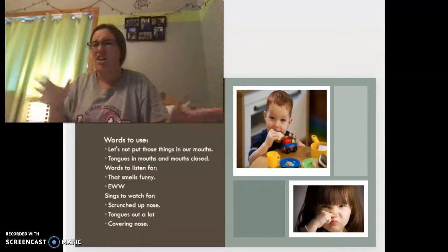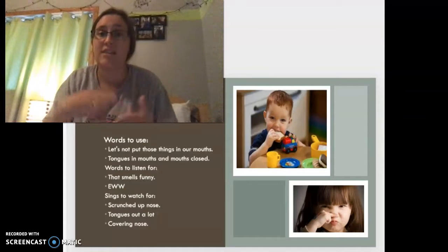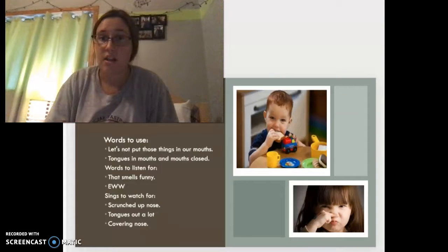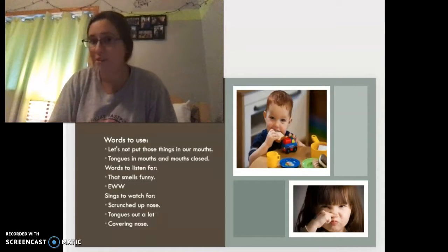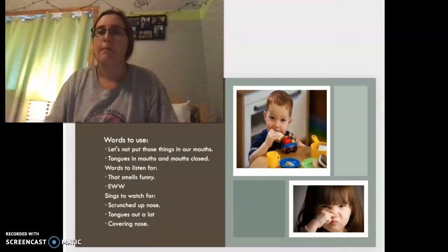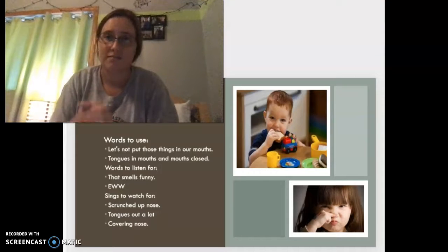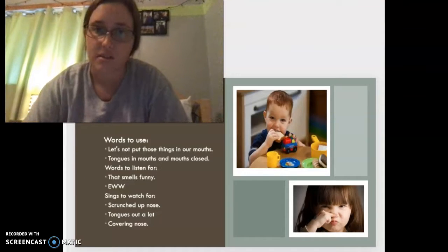Those are signs that they're just too sensitive for that stuff. You need to look for these signs. You need to use good word choice. Let's not put those things in our mouths, tongues and mouths closed, so they remember it needs to be done so that they can help with their senses.